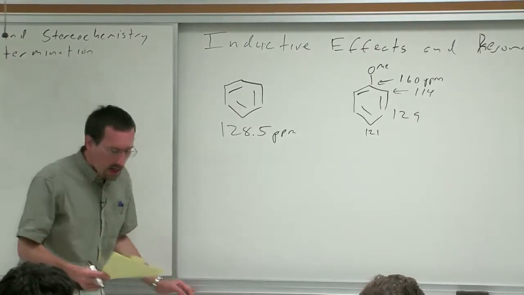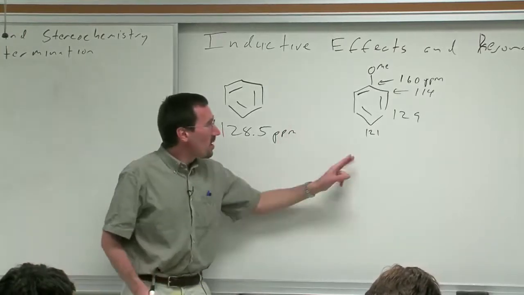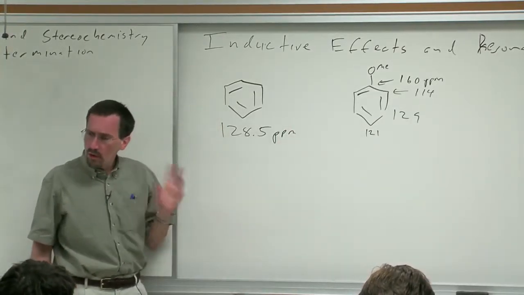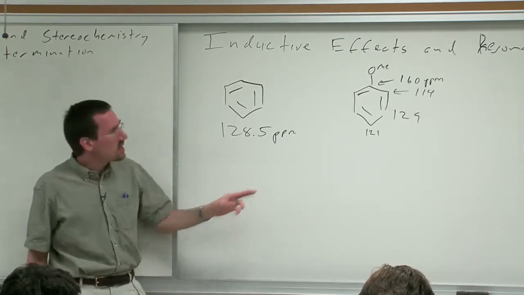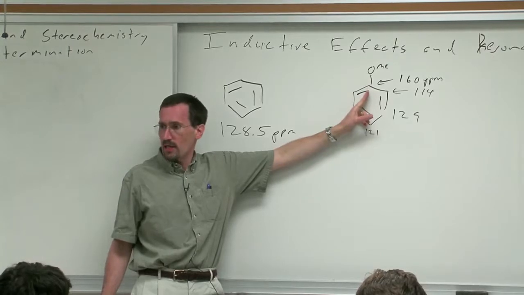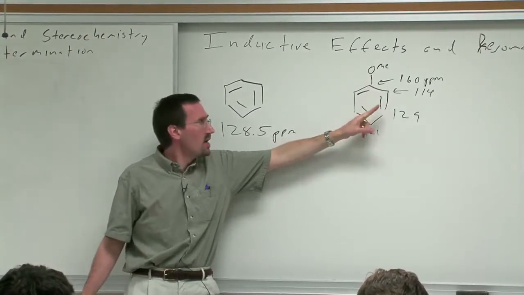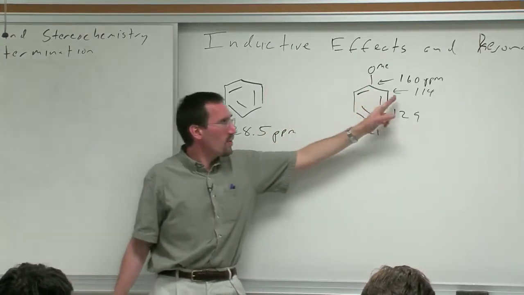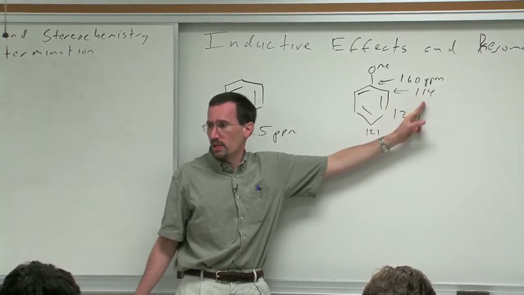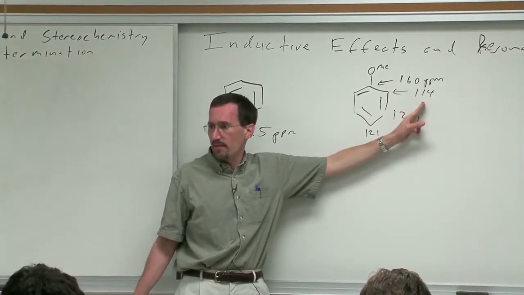Now, I'll come in a moment to empirical additivity relationships, but one way to think about this is, if you have a methoxy group or an alkoxy group on a benzene, it shifts the ortho protons upfield by about 14 or 14.5 ppm.